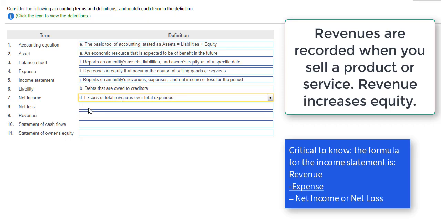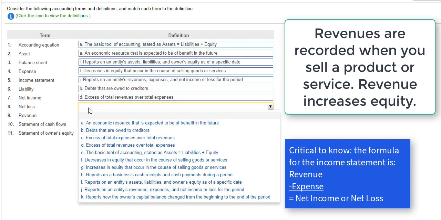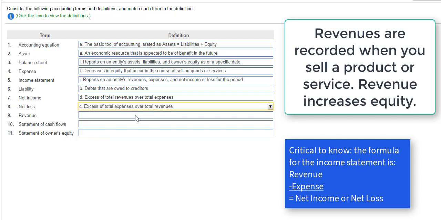Now let's talk about a net loss. Net loss is just the opposite. A net loss is the excess of total expenses over total revenues. So in other words, if expenses are bigger than our revenues, remember revenues are sales, then we have a net loss, also known as a loss.